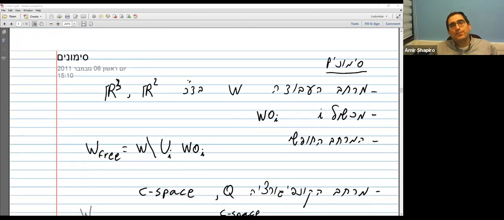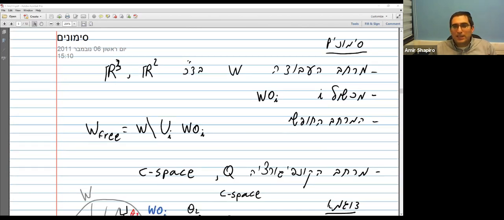Some notations. We say the workspace will be W. Usually it's either R2, in the plane, or R3, a three-dimensional space.